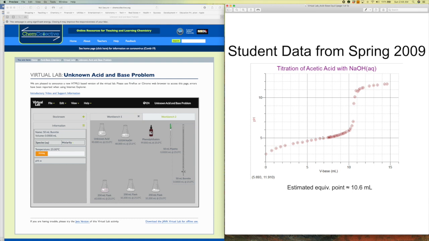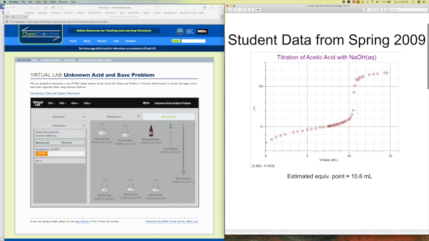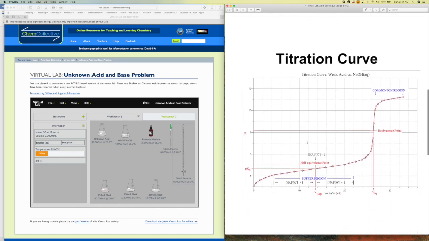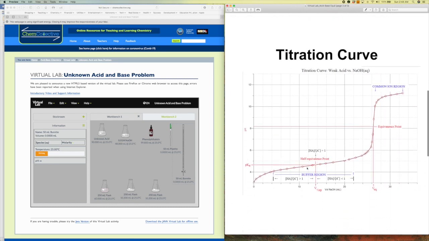And so in the buffer region, what is happening is that you have your weak acid, but you're adding your strong base, and what you're accumulating is a concentration of weak acid and its conjugate base.